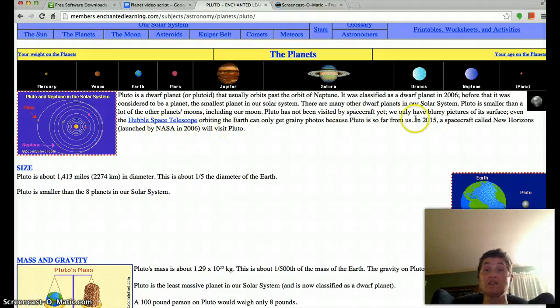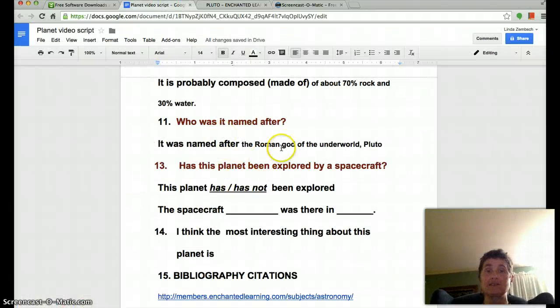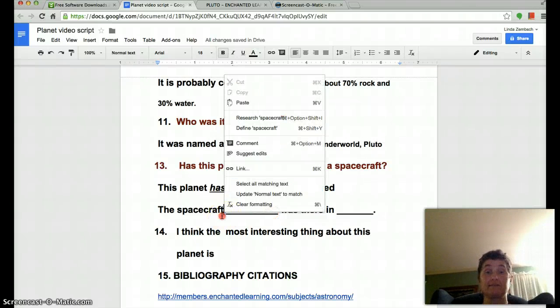So next year, I'm going to copy that. Next year, a spacecraft will visit Pluto. And that spacecraft was sent in 2006. So it took 9 years to get there. It's amazing.